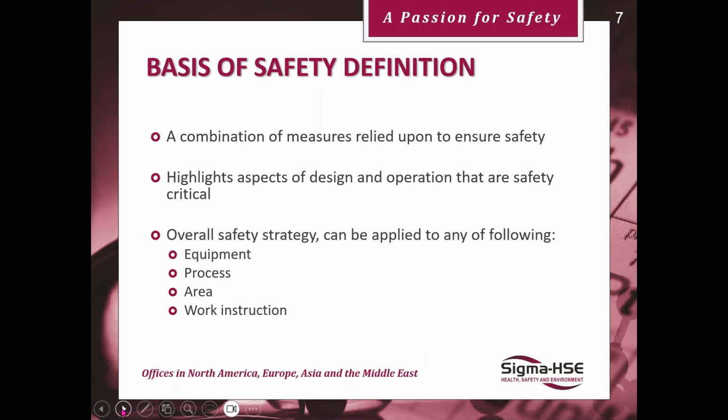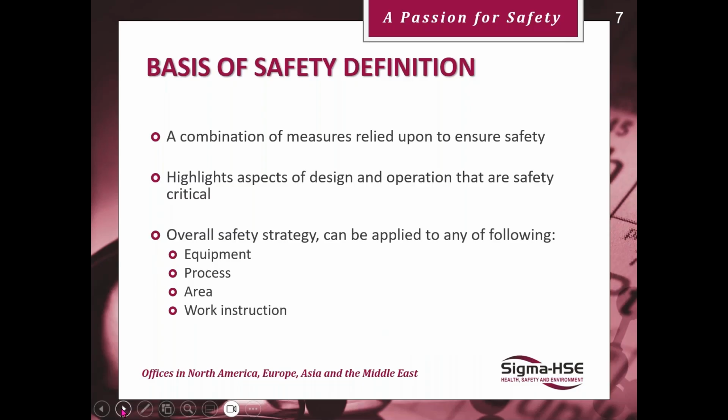So it's not one thing, it's a combination of things, and you put them together to ensure that you're safe for working. It takes into consideration the aspects of design and operation that are safety critical, and therefore an overall safety strategy can be applied to any of the following.